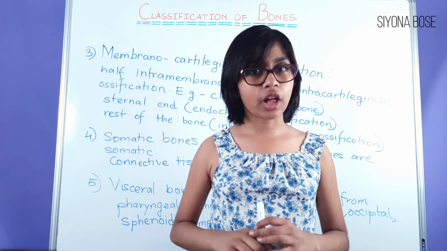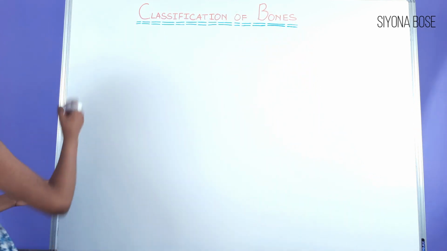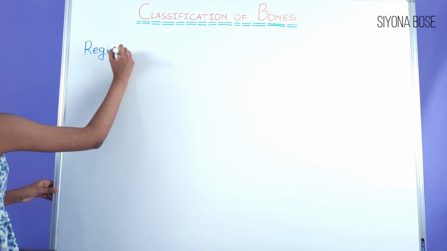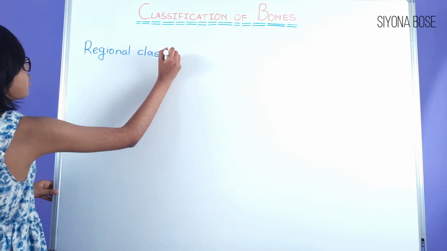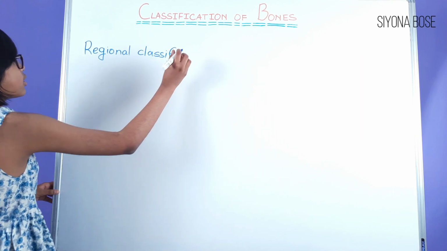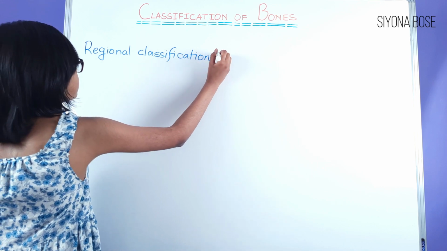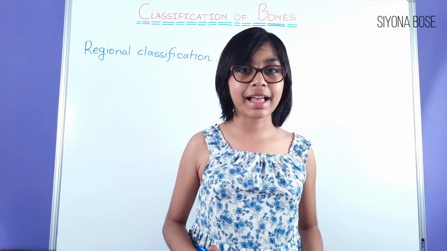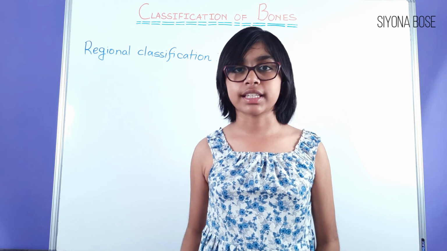Moving on to regional classification. Now, there are two components in regional classification, the axial skeleton and the appendicular skeleton.